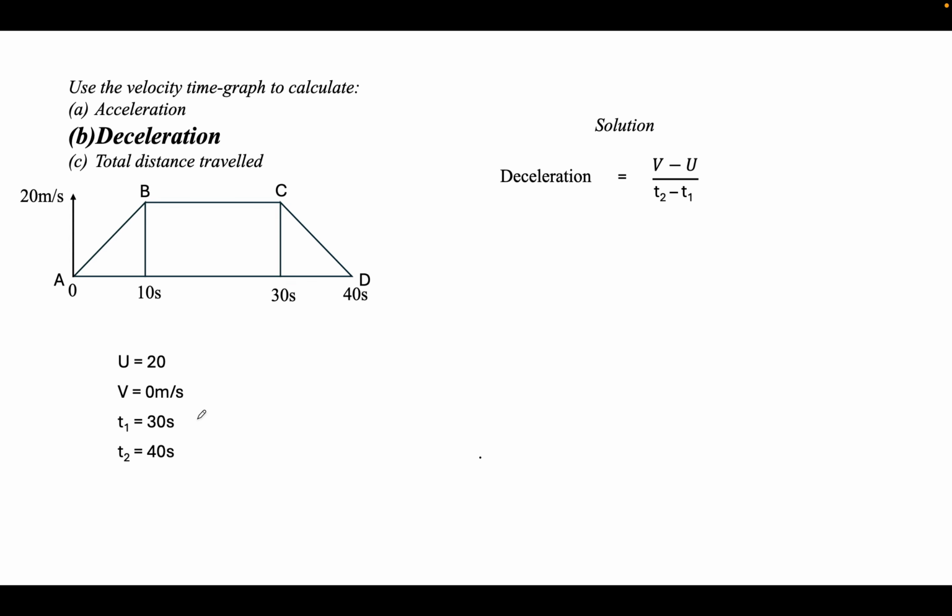So let us substitute this in this equation. Then we have: deceleration is equals to 0 minus 20 all over 40 minus 30. So this is the same as deceleration is equals to minus 20, because 0 minus 20 is equals to minus 20, and 40 minus 30 is equals to 10. Therefore, minus 20 divided by 10 is equals to minus 2. Therefore, our deceleration is equals to minus 2 meter per second square.